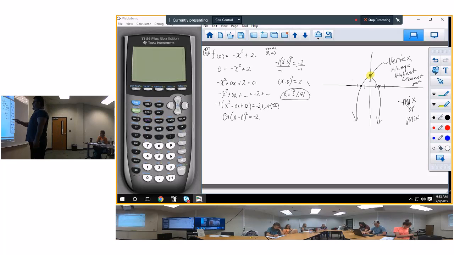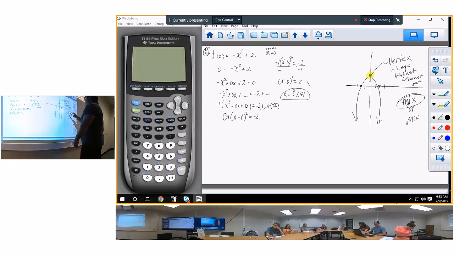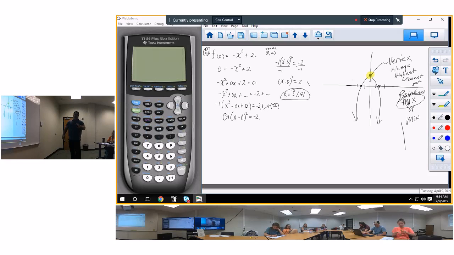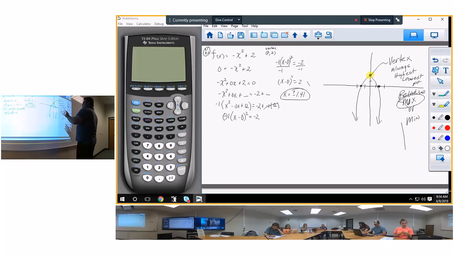So we've got a max here, relative max. What does relative mean? Relative means that it pertains to the function. Where absolute means the highest point, period.